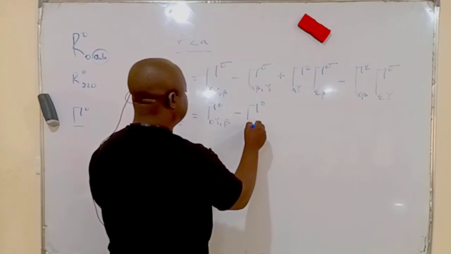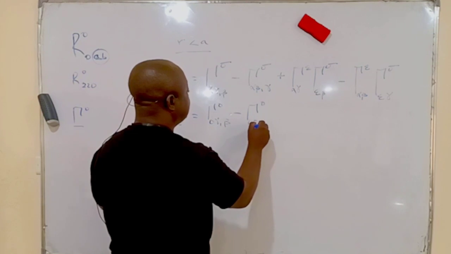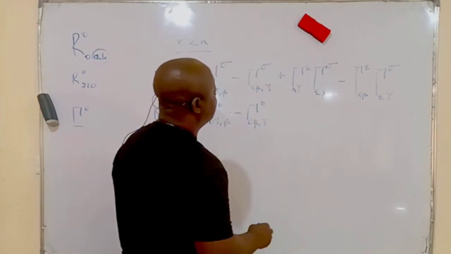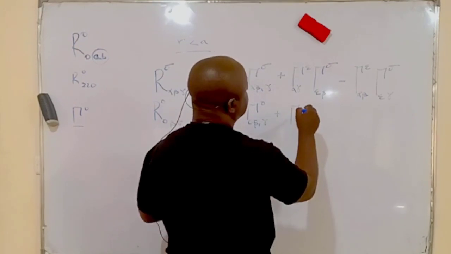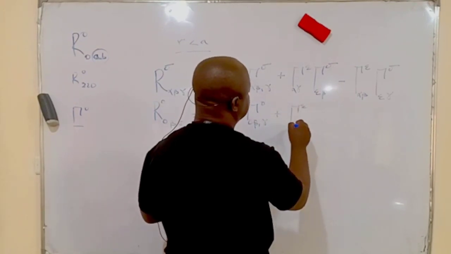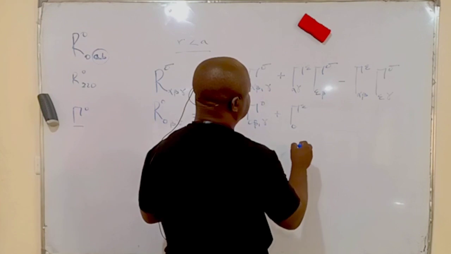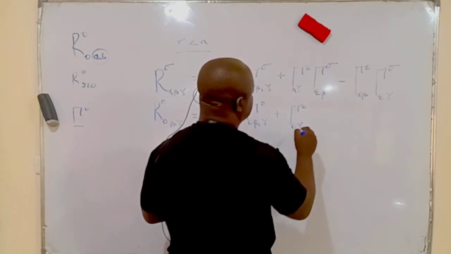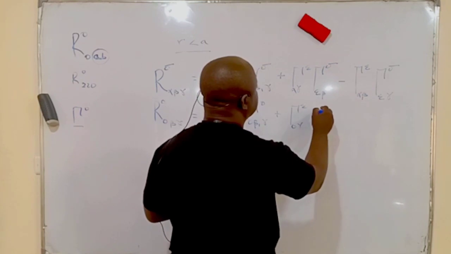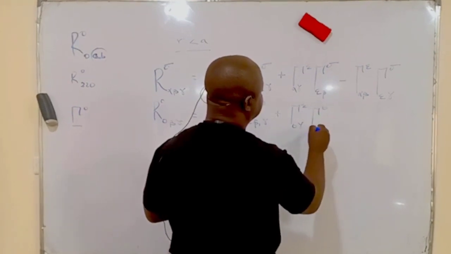Okay, our beta remains. Then comma, gamma. Then we have plus epsilon. Our alpha is 0. You have gamma. Then we have 0 here.